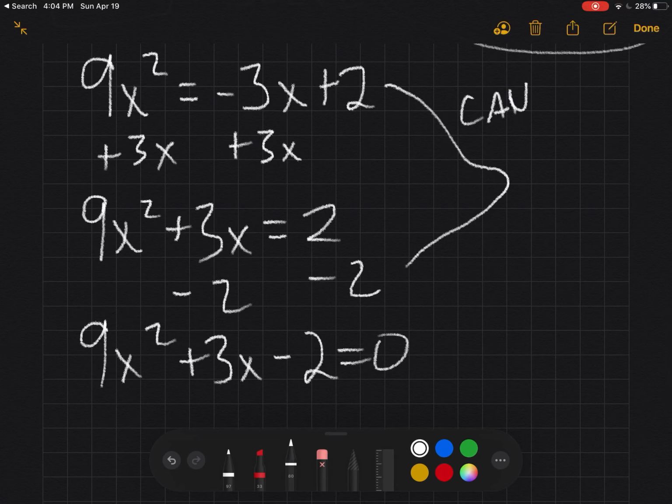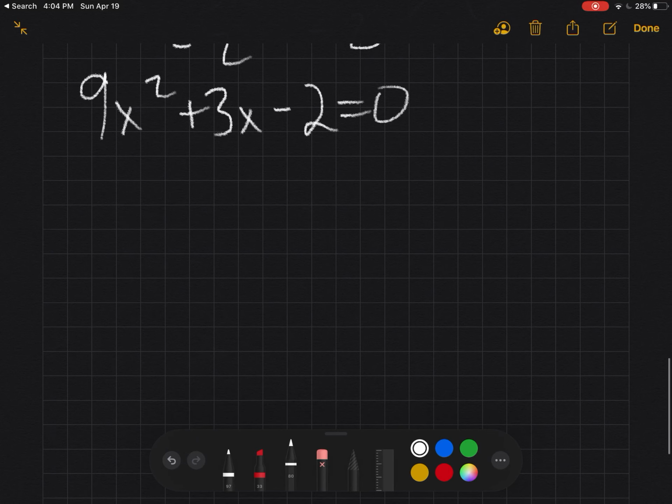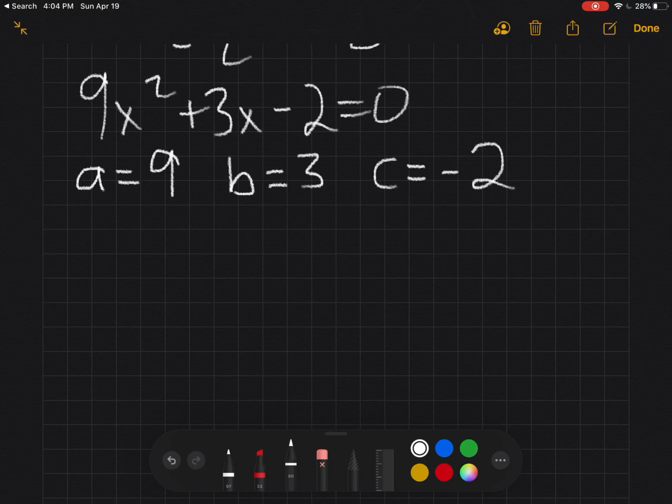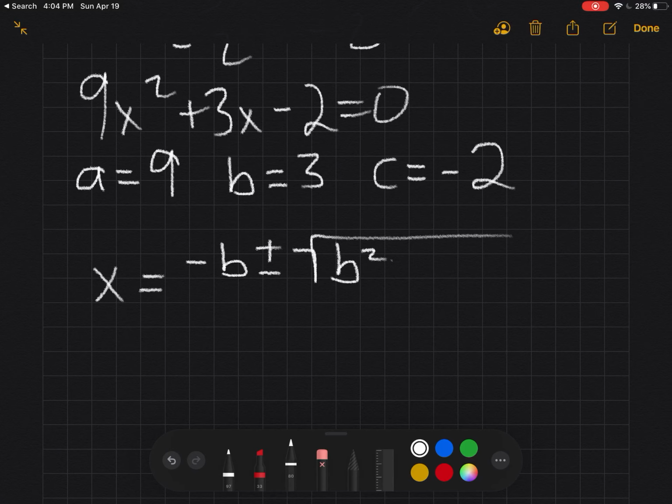So let's add 3x to each side. Now I have 9x squared plus 3x is equal to 2. And then subtract 2 from each side: 9x squared plus 3x minus 2 is equal to 0. If you want, you can do these in one step. I just did it in two because I'm a teacher, but you can combine them if you see that.